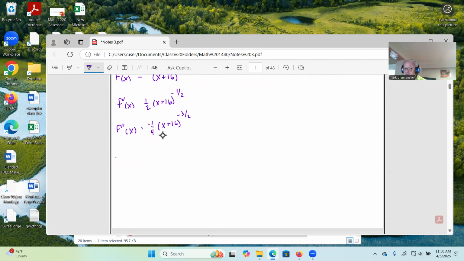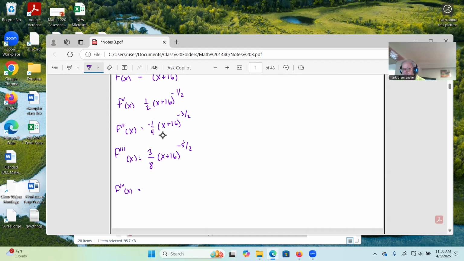F triple prime, the third derivative of x, is equal to, and we'll go ahead and do this. Negative times negative is positive, so positive 3/8 x plus 16 raised to the negative 5/2. And then finally, F4, a lot of times these are written with Roman numerals. And then we end up with 3 times 5, because I'm taking a derivative, so this is coming down in front.